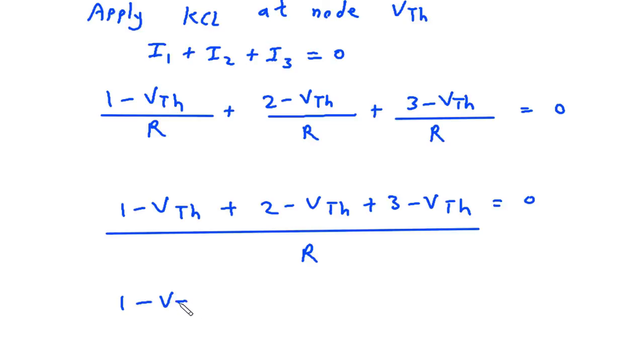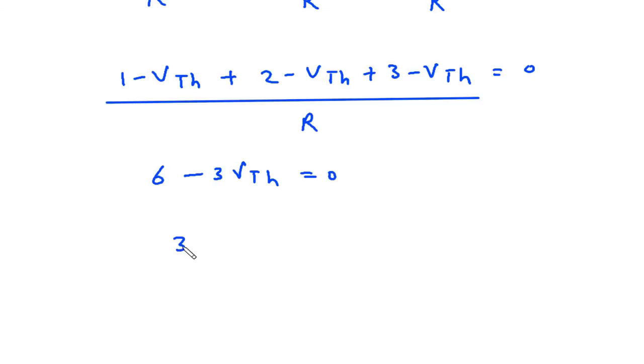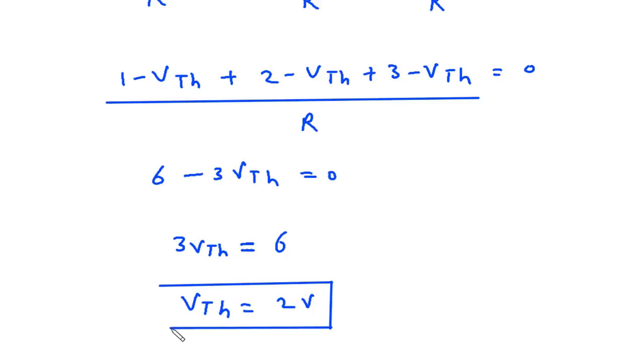So 1 plus 2 is 3, 3 plus 3 is 6, so this will be 6 minus 3 VTH is equal to 0. So 3 VTH is equal to 6. So VTH is equal to 6 by 3, which is 2 volt. This is the value of VTH.